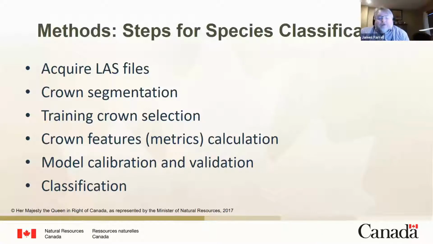And then crown features or metrics are calculated where the point cloud is analyzed. Then we have the model calibration and validation, where you build the model, and in my case, I'm using a random forest model. And finally, the classification of the forest.